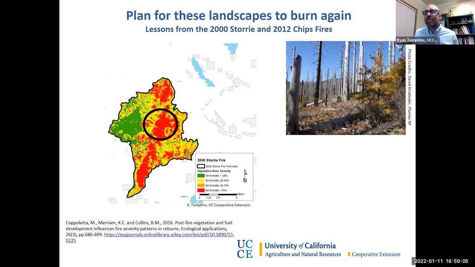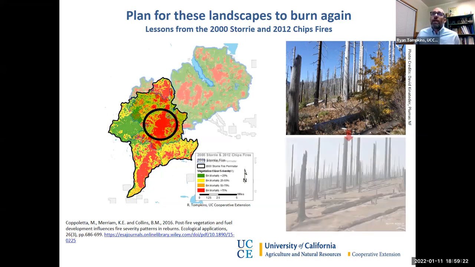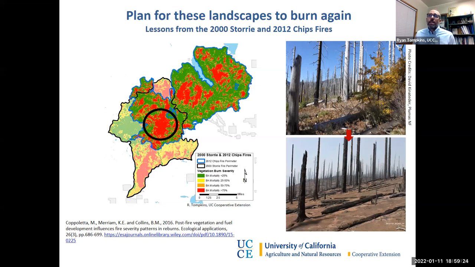A high severity patch should be about 25 acres in size. We are having fire severity in patches on magnitudes larger than that. But what they found in this study is that high severity fire had the propensity to beget more high severity fire.